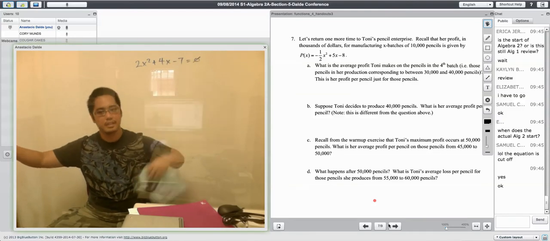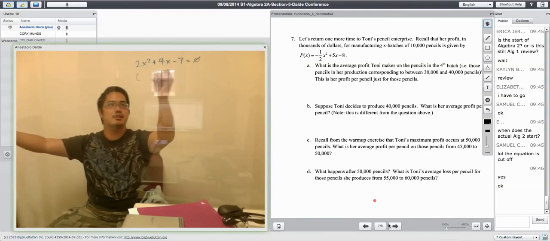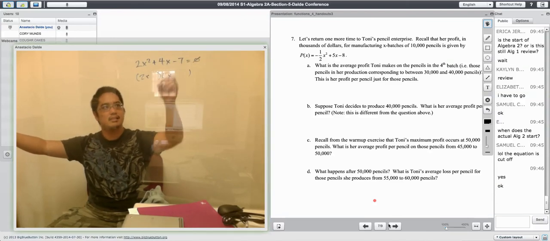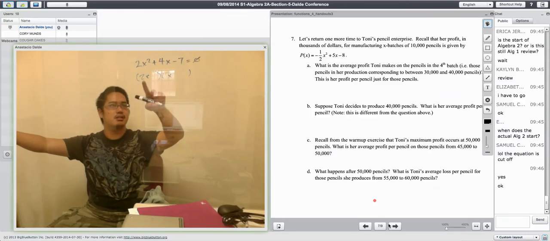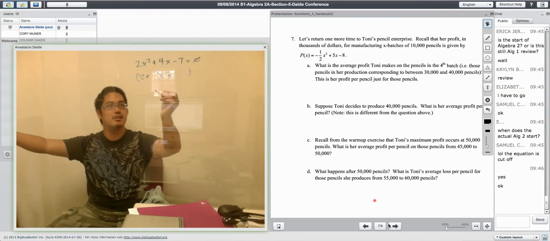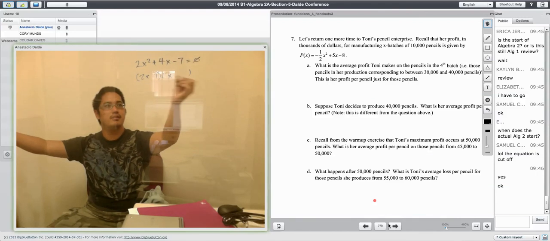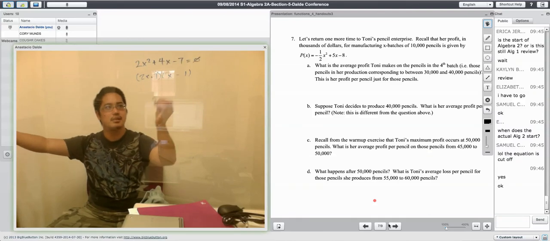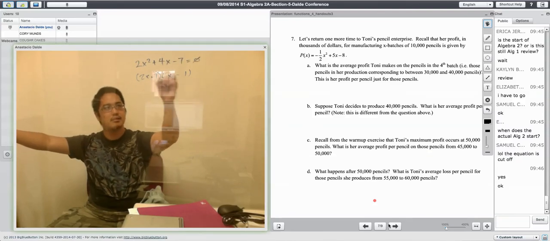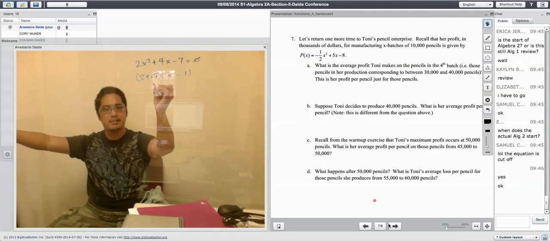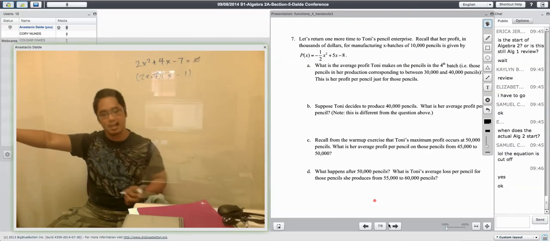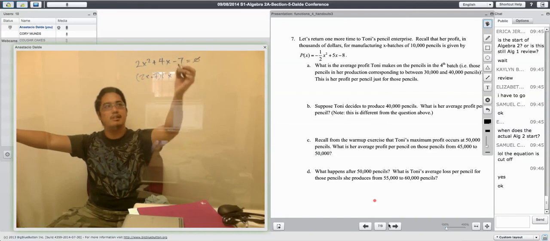So the other thing that I do is I say, okay, well, let me try factoring this. Can I factor this down? 2x, x. Let's see, I want something that multiplies out to negative 7 and adds up to 4. So let's try 7 over here and a 1 over here, minus a plus. Positive 7 times negative 1 is equal to negative 7.